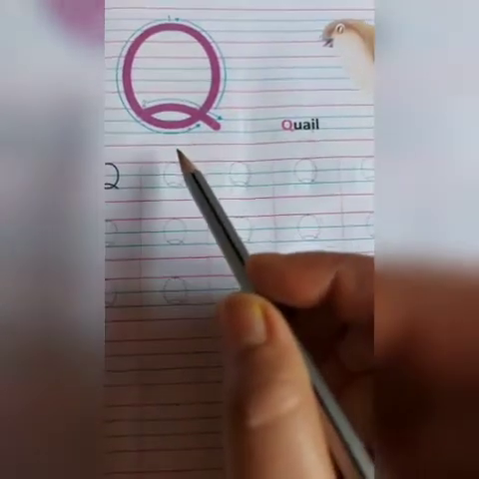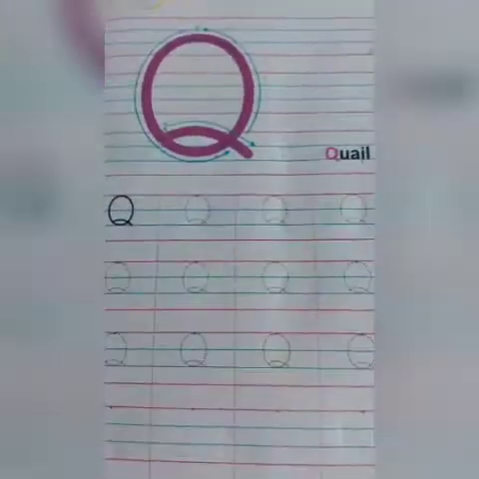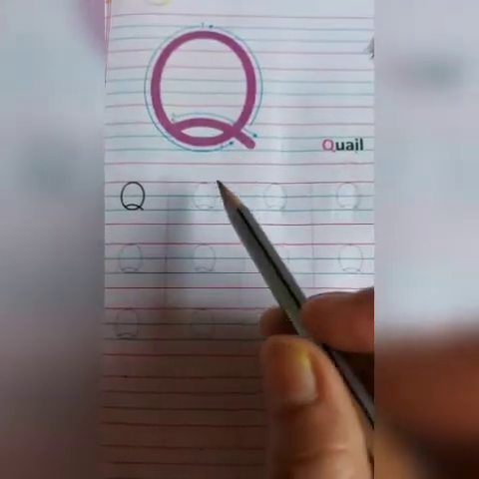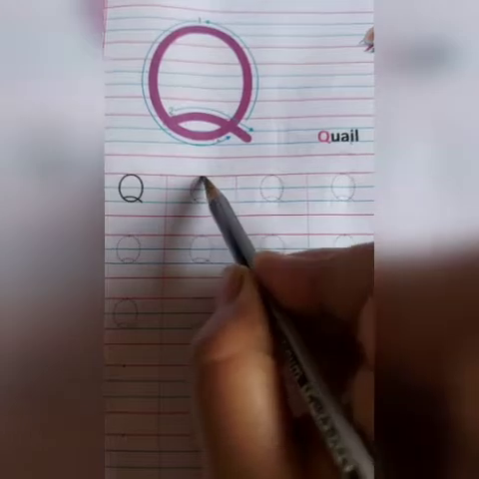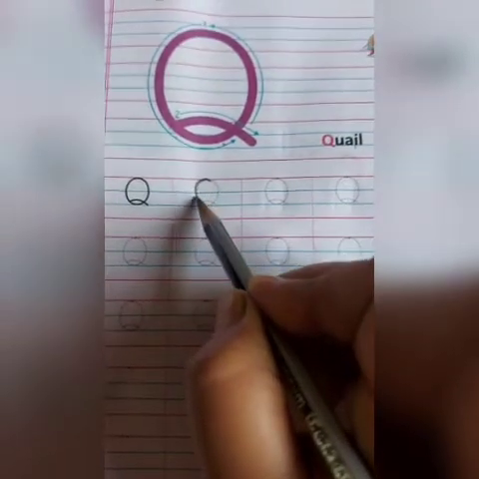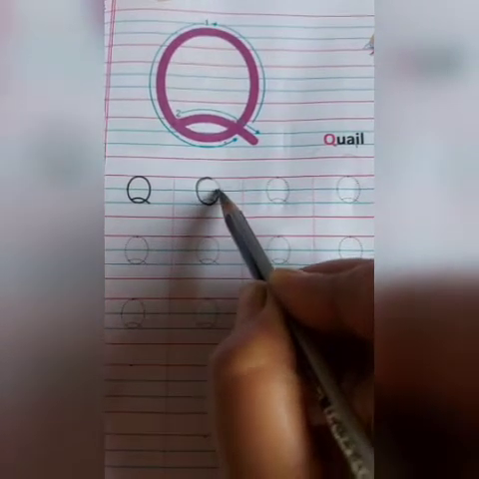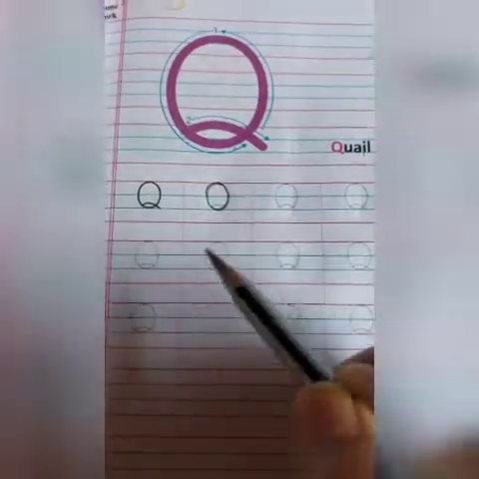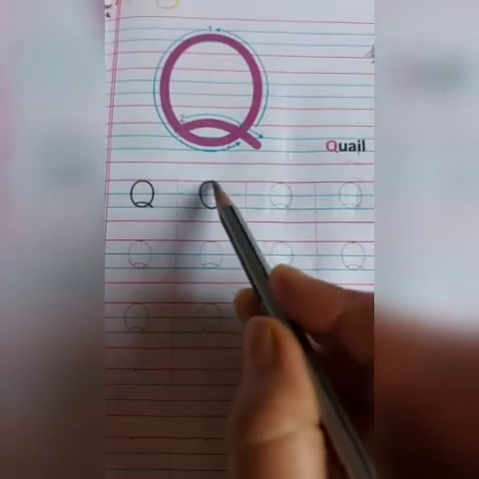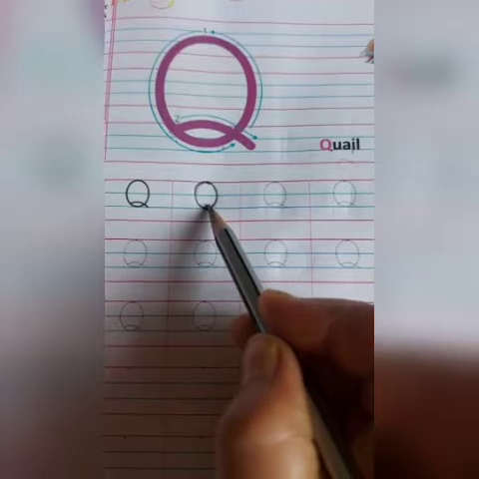How to write capital letter Q? First, draw a circle from red line to blue line.